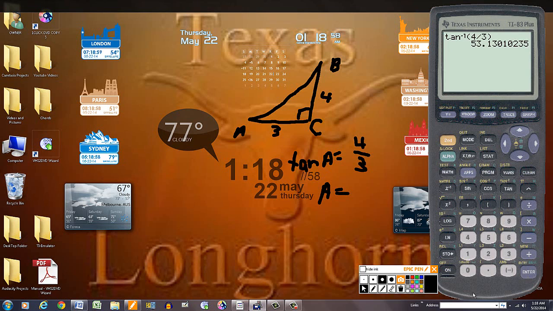So let's say that angle A is 53 degrees. Well, because angle A and angle B are complementary, I know that angle B then is 90 minus 53, or 37 degrees.